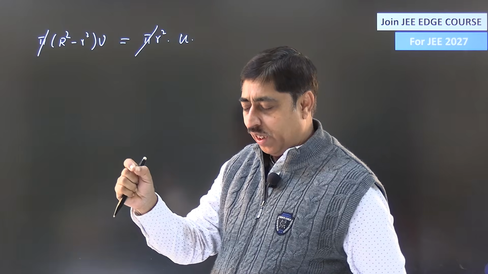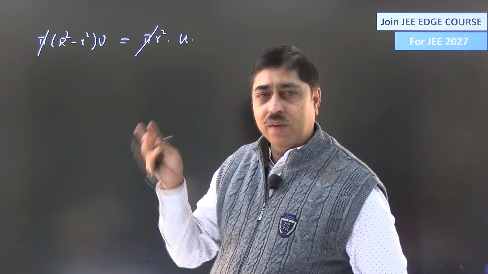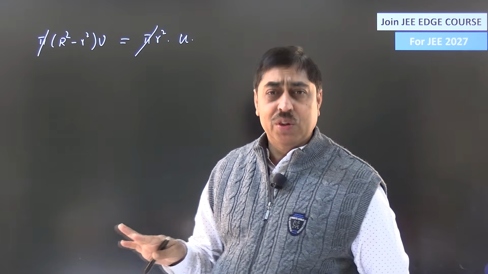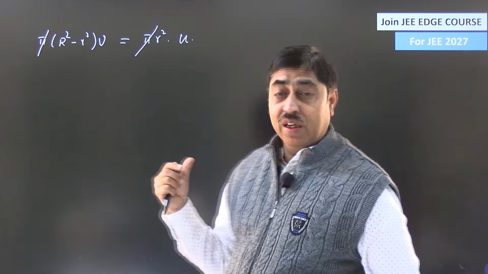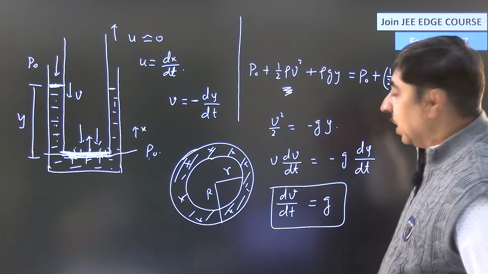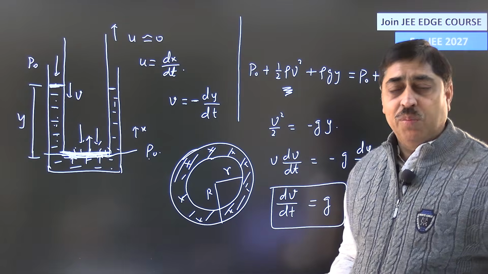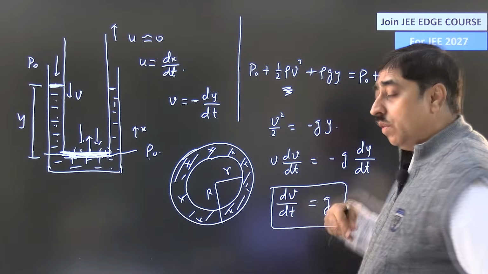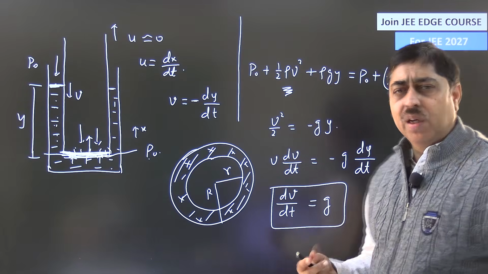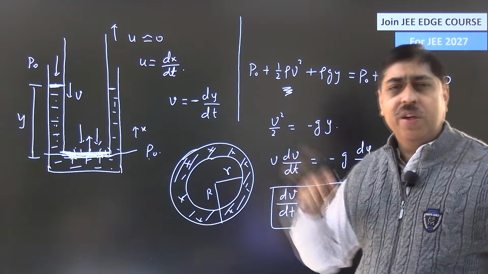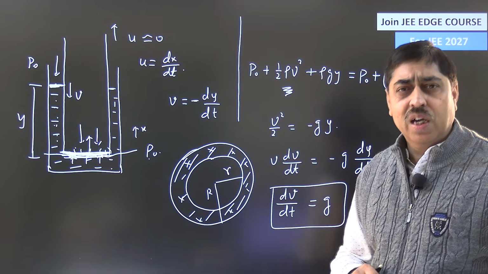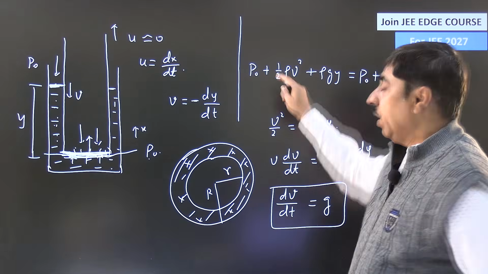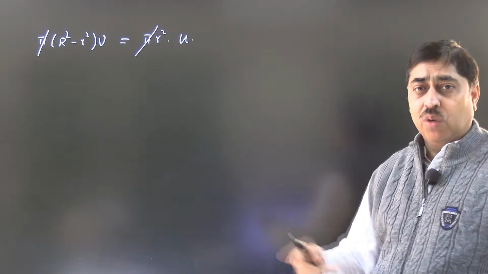A very short while after that, the cylinder is going up with some speed u, which is almost 0. That is what we have taken, at least for writing this equation, which was a sensible decision, because even if u is finite, it is a small number, its square is going to be very small. So let us agree to disregard that in front of v square. So this is what we did.